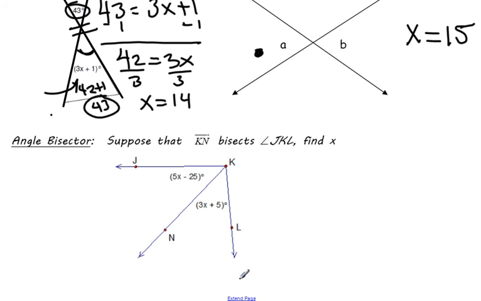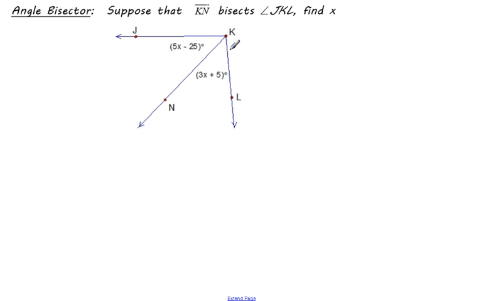Then you have an angle bisector. An angle bisector, as we said, takes an angle and divides it into 2 equal angles. So it says that KN does bisect JKL. As soon as you see that you have an angle bisector, draw these 2 arcs here to show you that you only have to put an equal sign in between them.